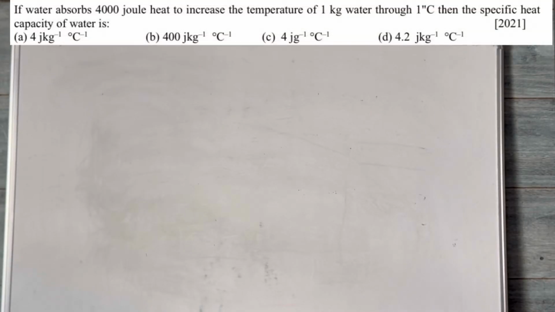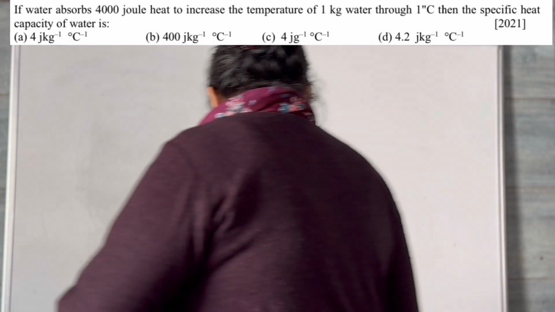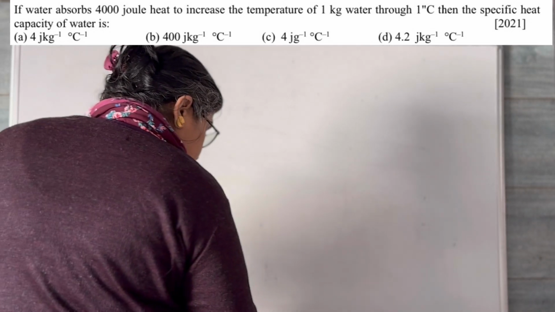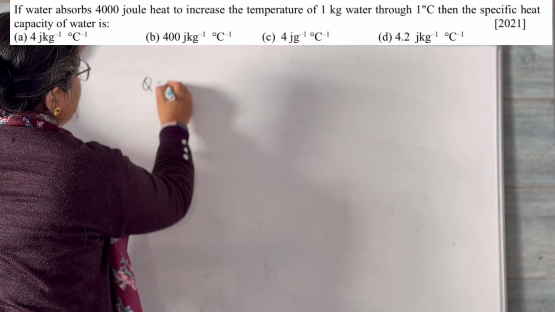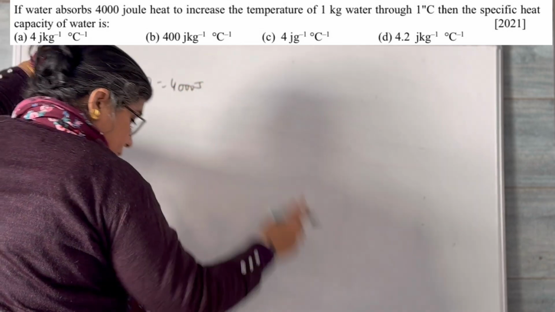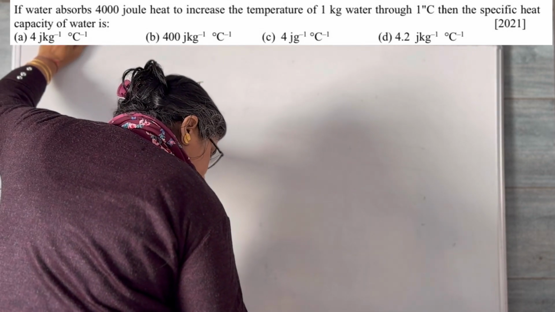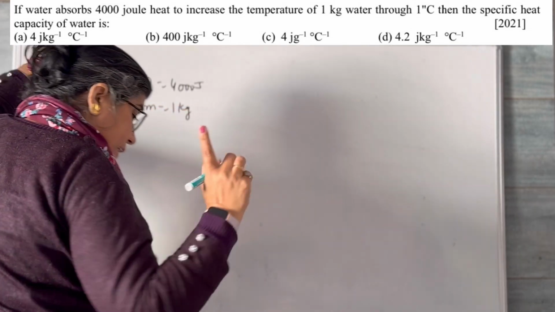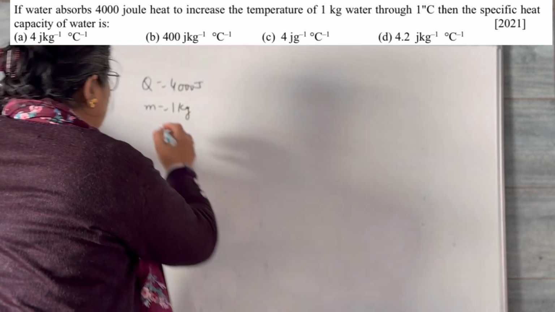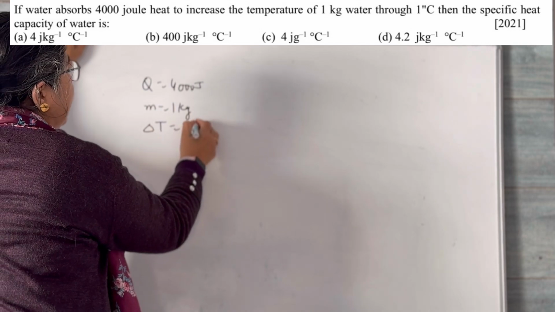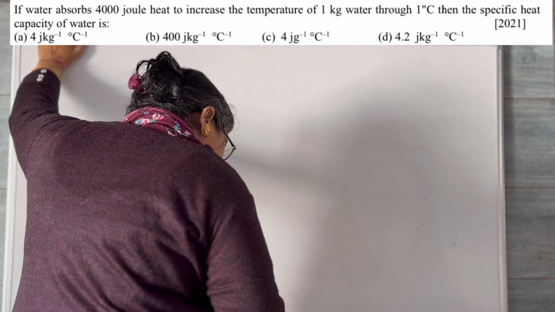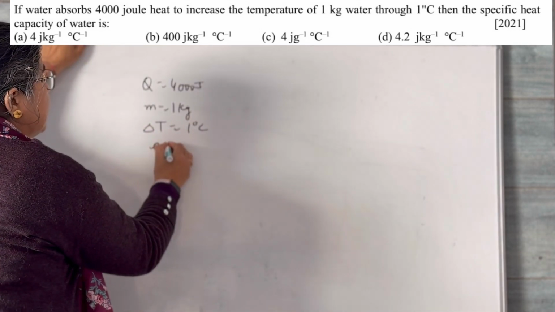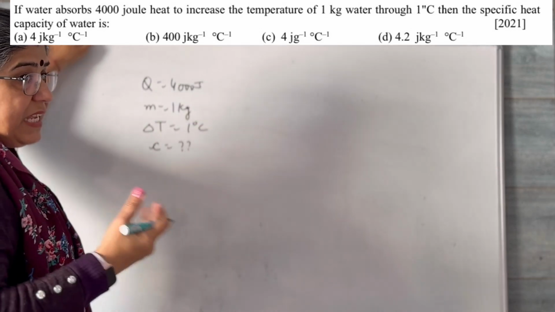Next question is from previous year 2021. If water absorbs 4000 joule of heat to increase the temperature of 1 kg of water through 1 degree centigrade, what is the specific heat capacity of water? Now this seems to be very simple.